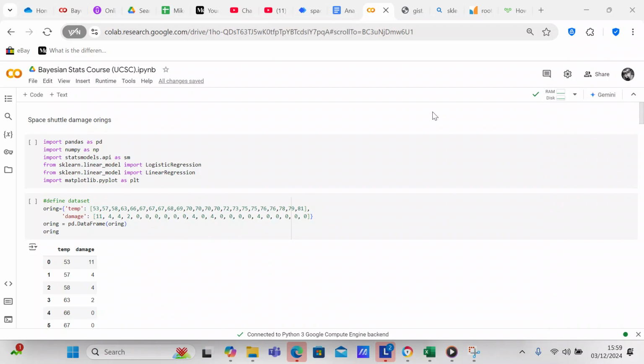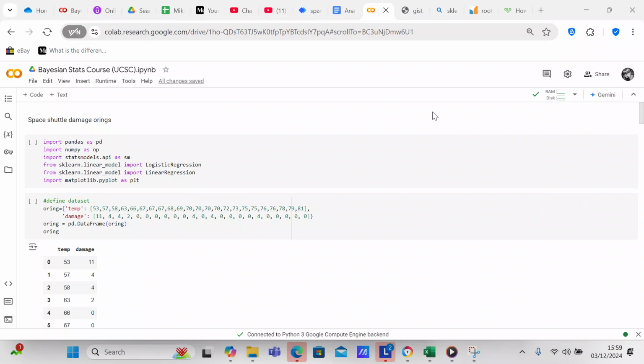Basically what happened was when the temperatures were low, the O-rings would be damaged, and the reason why is because the O-rings were made out of plastic, and when the temperatures were low, it would harden the O-rings and they wouldn't be able to do the job that they were supposed to do, which caused them to be damaged, and that is what caused the disaster of the Space Shuttle Challenger.